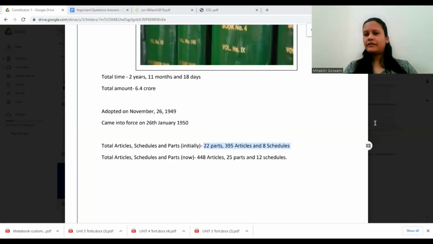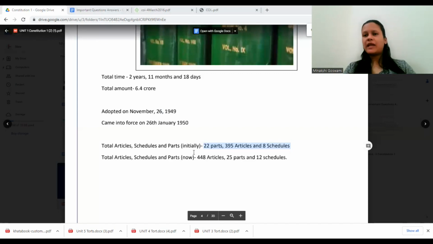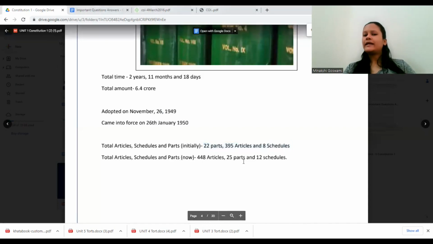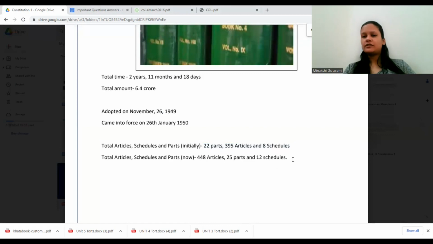So whenever changes are made, right, from time to time, a lot of changes are made, including those as of now we have 448 articles, 25 parts and 12 schedules. So this is the present number that we have: 448 articles, 25 different parts divided in 12 schedules.